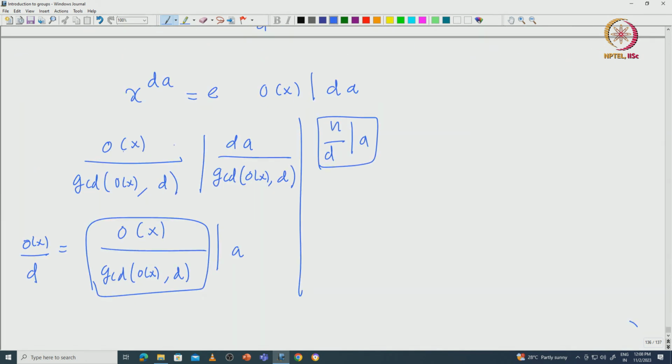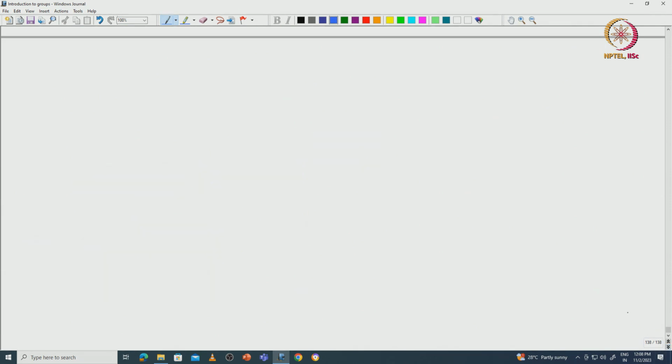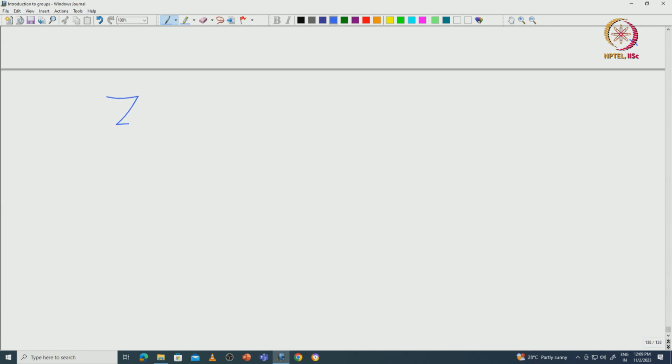So, this is something you can apply to Z mod n Z, and then immediately you can see what the corollary will be. Okay. Suppose I take Z modulo n Z, for example, take n equal to 4. Okay. And what are all the subgroups? You can see that, first of all, the subgroups correspond to those divisors of 4.